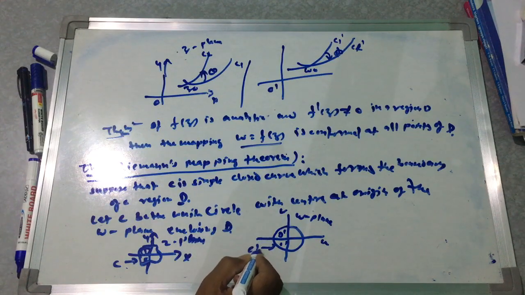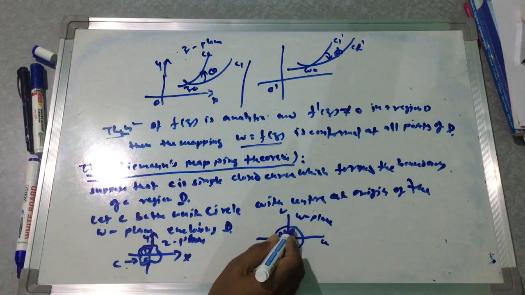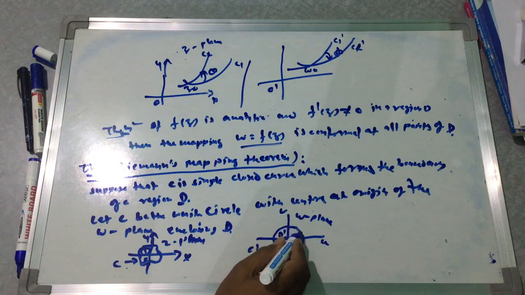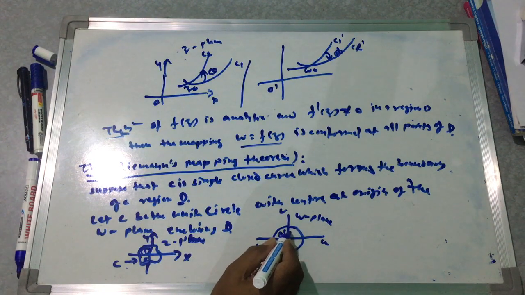So C dash is a closed curve, and it becomes a circle.